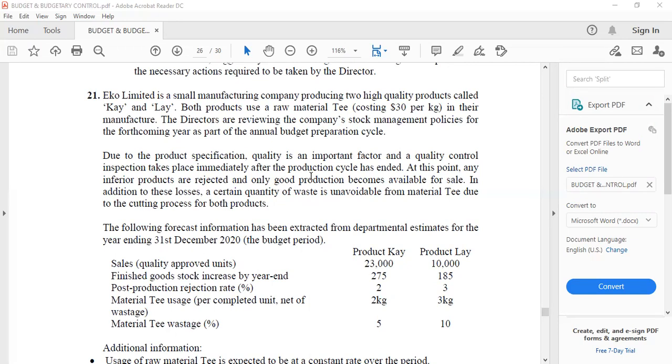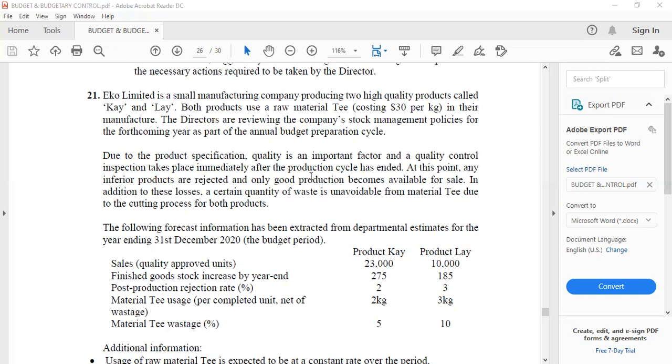At this point, any inferior products are rejected, and only good production becomes available for sale. In addition to these losses, a certain quantity of waste is unavoidable from material T due to the cutting process for both products. The following forecast information has been extracted from departmental estimates for the year ending 31st December 2020.